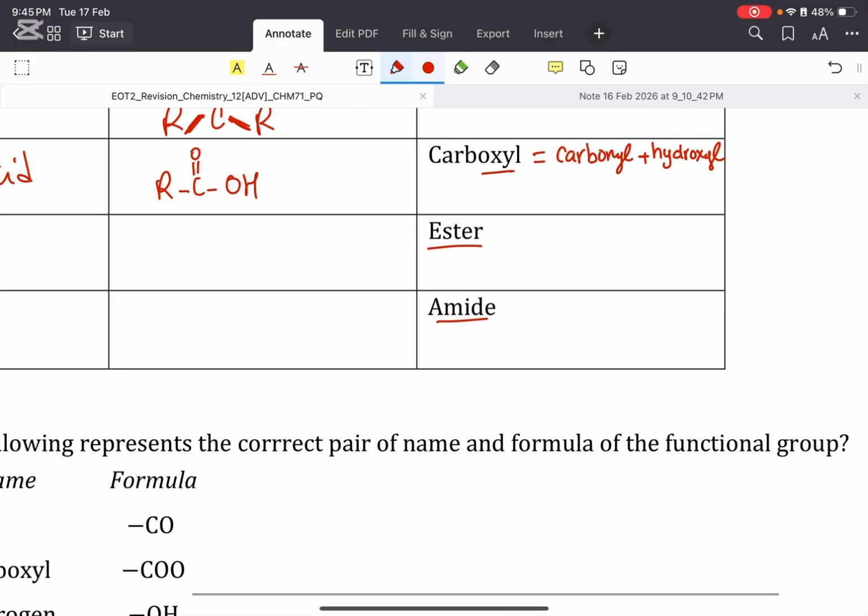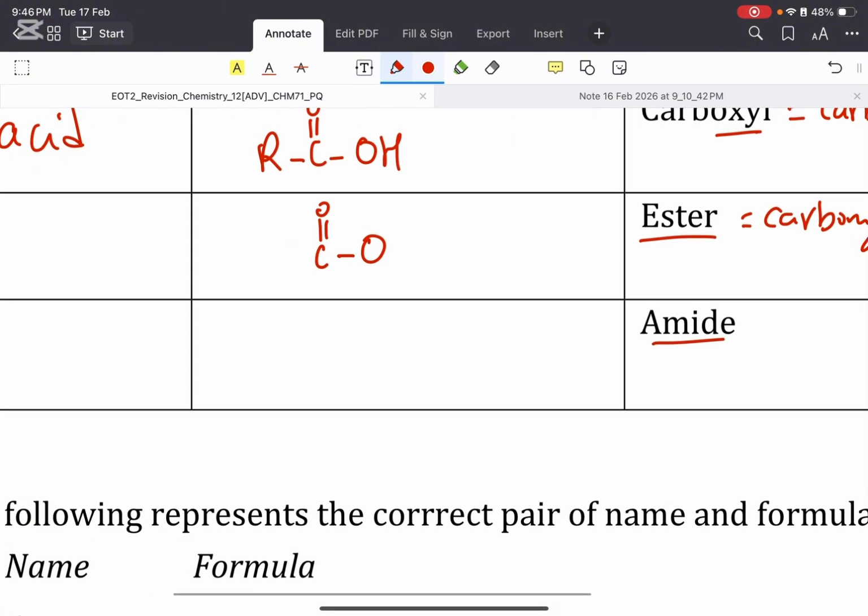Now, ester is a carbonyl group plus oxygen atom. So it's a carbonyl group and then there's an oxygen. So here it continues with a carbon chain, and also from this side it continues with another carbon chain.